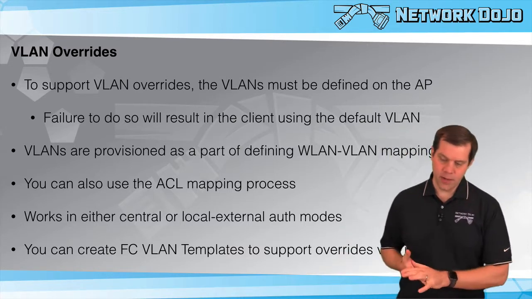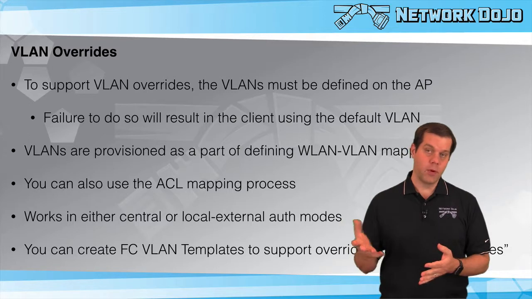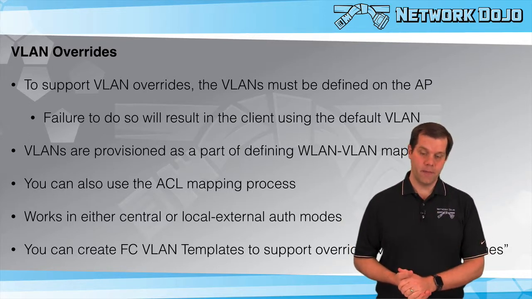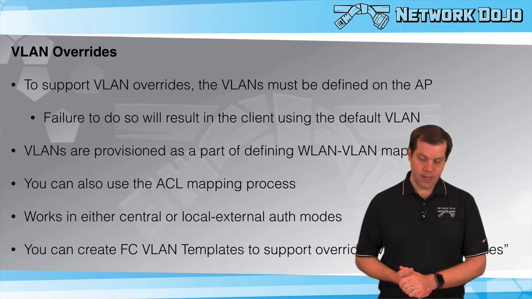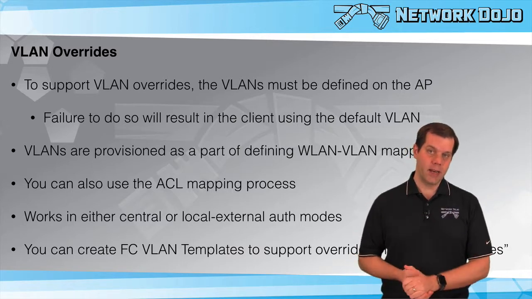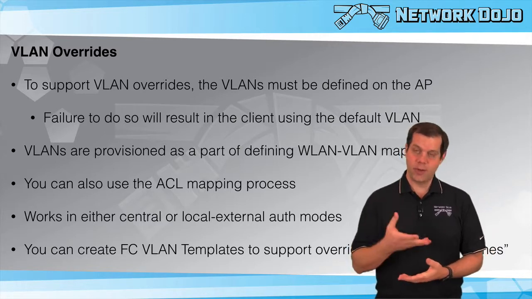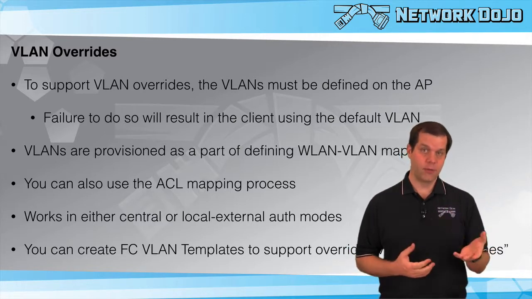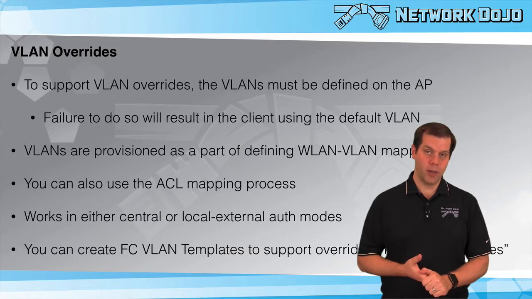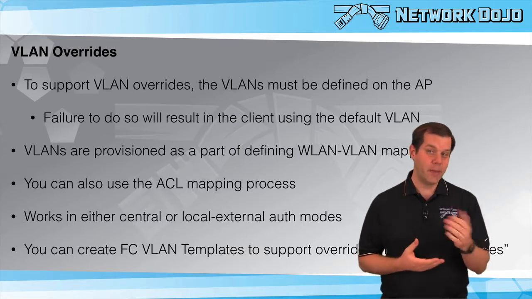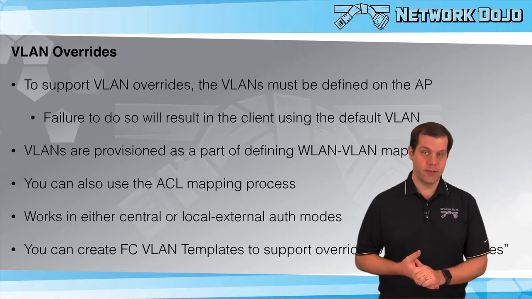To support VLAN overrides, one important thing: the VLAN must be provisioned to the AP first. If the AP doesn't have the VLAN on it, a VLAN override to that VLAN will fail. This is really no different than what we see on the controller for local mode APs. If I want to override someone to a particular VLAN, I need a dynamic interface for that VLAN for a centrally switched WLAN.